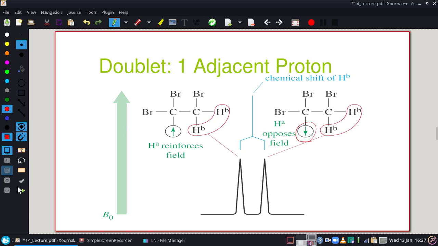But since this can only go with or against the magnetic field, you get one or the other and never both. So you're always going to see that effect. Now it needs to be nearby. If it's more than one carbon away, we ignore those hydrogens. It needs to be on an adjacent carbon or an adjacent atom to actually cause the splitting to occur.